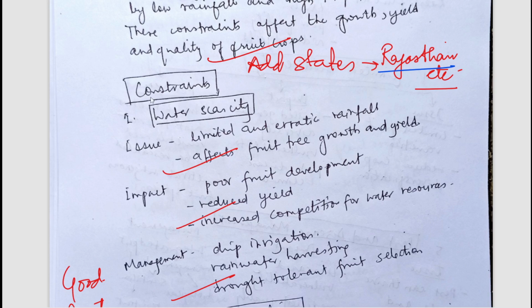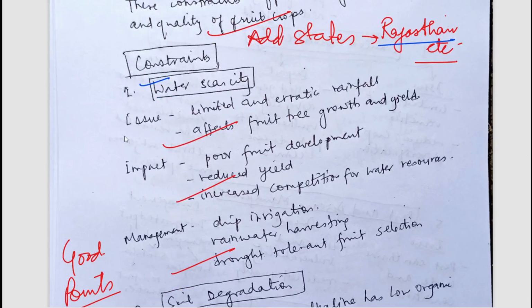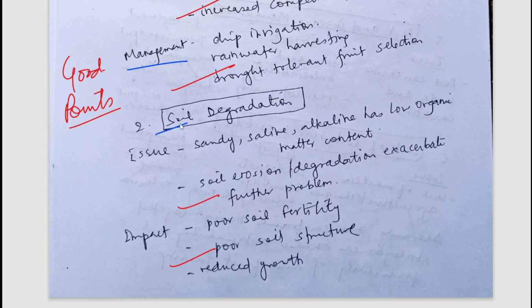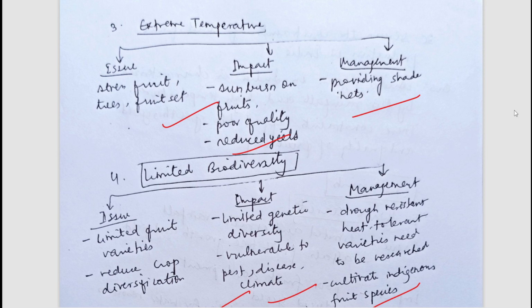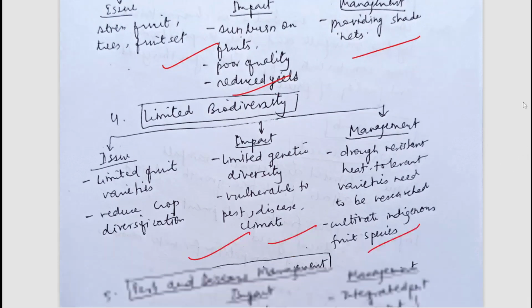Obviously the major constraint is water scarcity, and you can see the student has written the issue, impact and management in the same point. So very well written and very well structured answer. Soil degradation is another major problem. Similarly, extreme temperatures also affect the production. Limited biodiversity is there due to arid conditions.